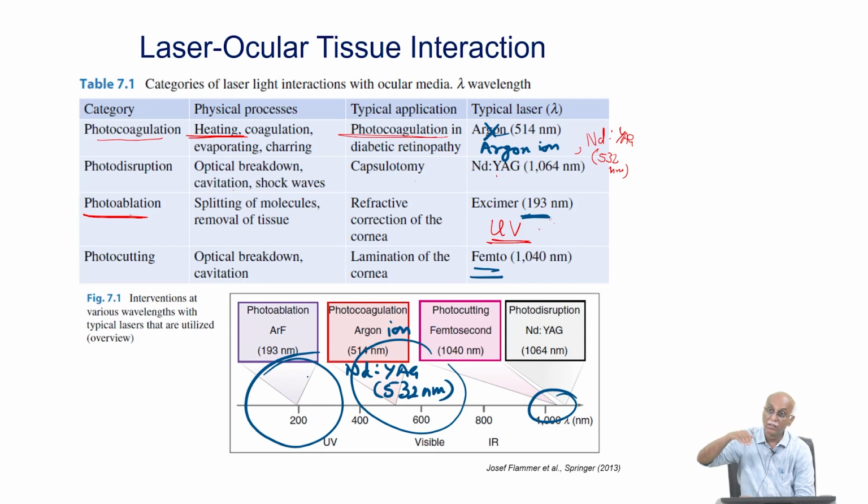Most nearby tissues will also absorb that light and get heated up, the heat affected zone will get affected, and it will also damage nearby tissues. That is why a UV laser source, which is absorbed by a very thin layer of the tissue, is preferred for removing the material through photoablation.